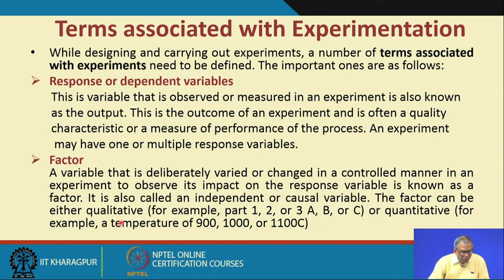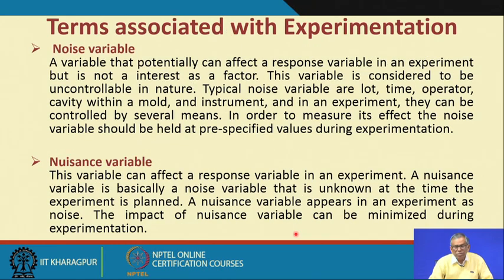The factor can be either qualitative, for example part 1, 2 or 3, or A, B or C, or quantitative, for example a temperature of 900, 1000 or 1100 degrees Celsius. So these are the input variables or the factors.